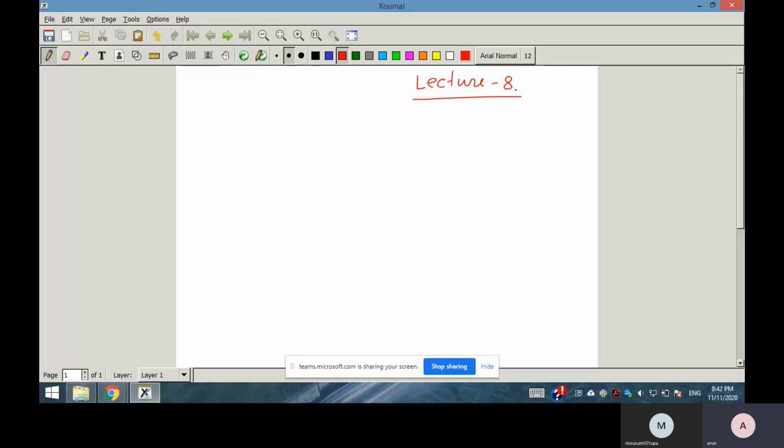So that's why another method of controller design we'll discuss, which is also known as a time domain based approach. Some time domain specifications you can meet. Although time domain and frequency domain specifications are correlated to each other, still here time domain specifications you will be able to meet directly.